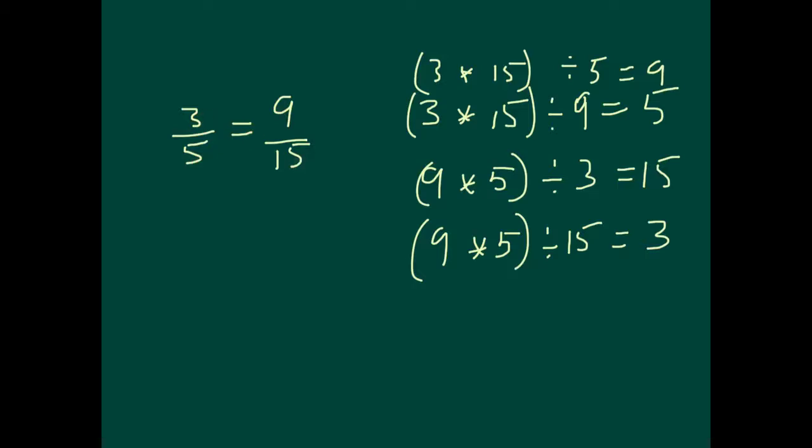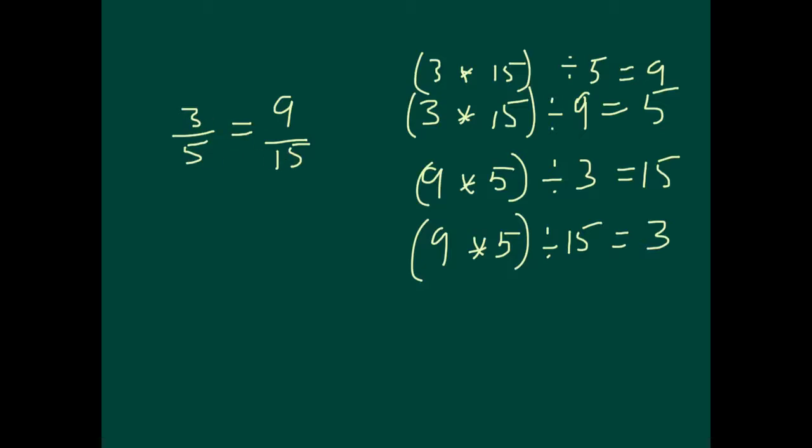We'll get to the fish in a second here, but you can see 3 times 15 divided by 5 gives you 9. 3 times 15 divided by 9 gives you 5. 9 times 5 divided by 3 gives you 15. And lastly, 9 times 5 divided by 15 gives you 3.